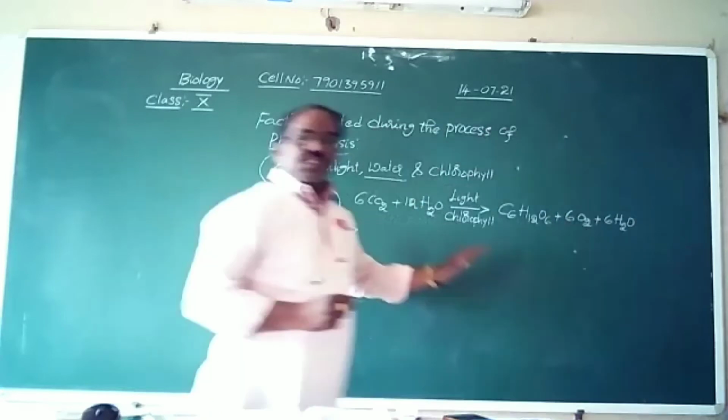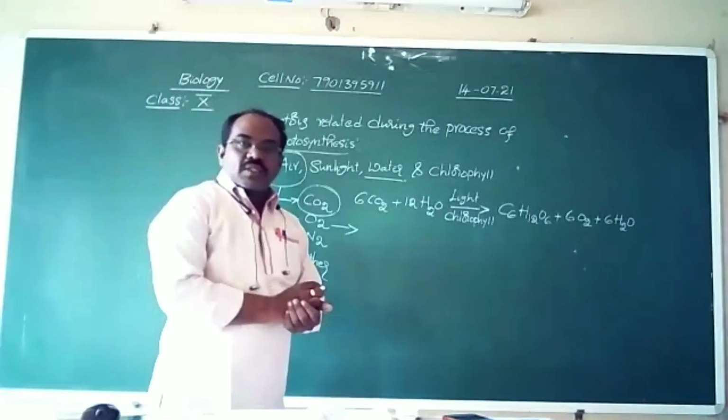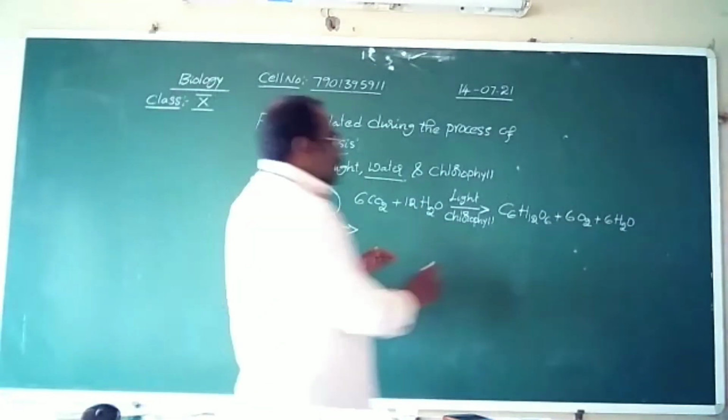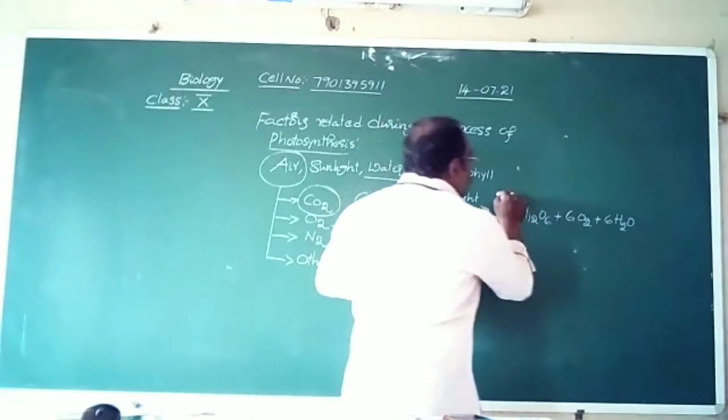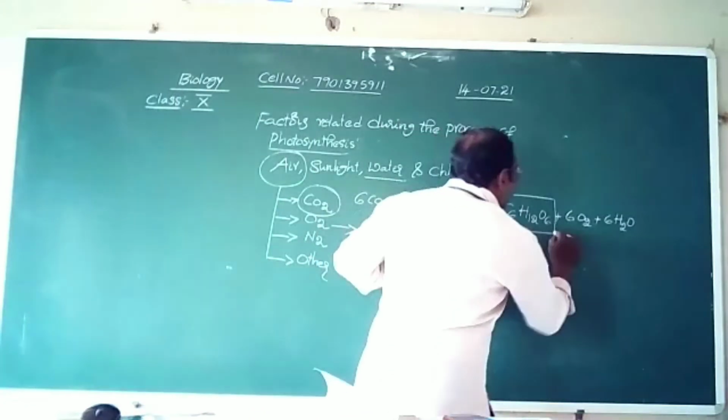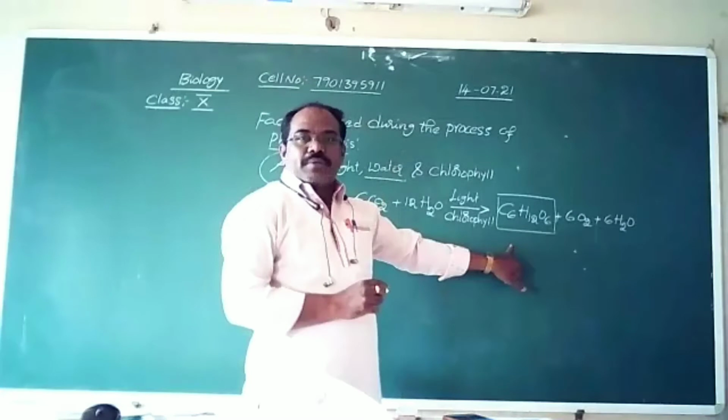This is the chemical equation of the photosynthesis process. In this process, starch or glucose is formed.